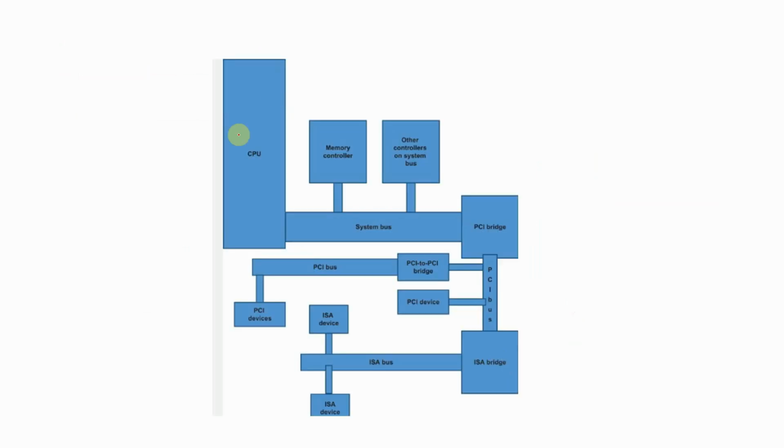In this typical architecture, we have a CPU, and this is my system bus, which is connected to a PCI bridge. Here I have one more PCI bus, which is connected to another PCI bridge, and that is connected to another PCI bus. This is my bus 0, and this is bus 1 and bus 2, and so on. So we have numbering for each and every bus, differentiated with the help of my bridges.